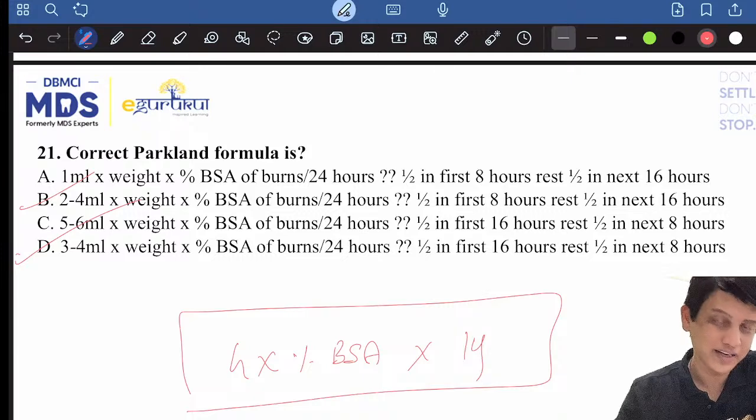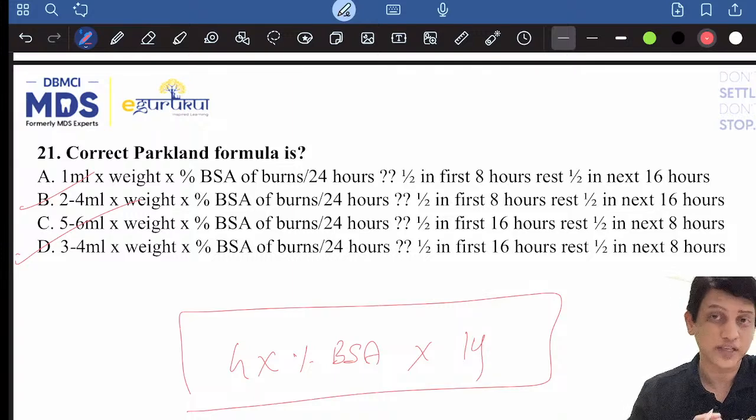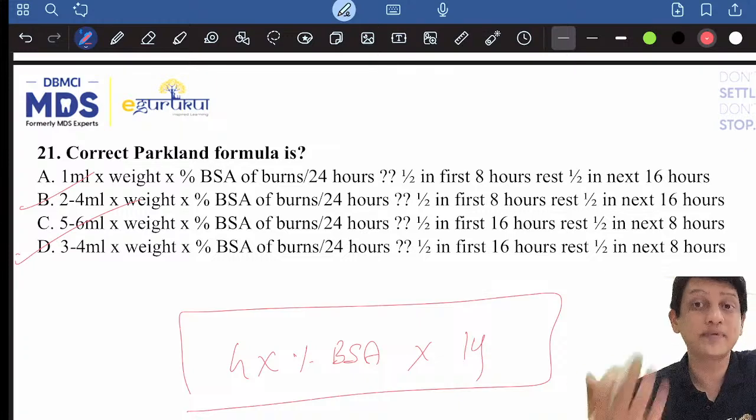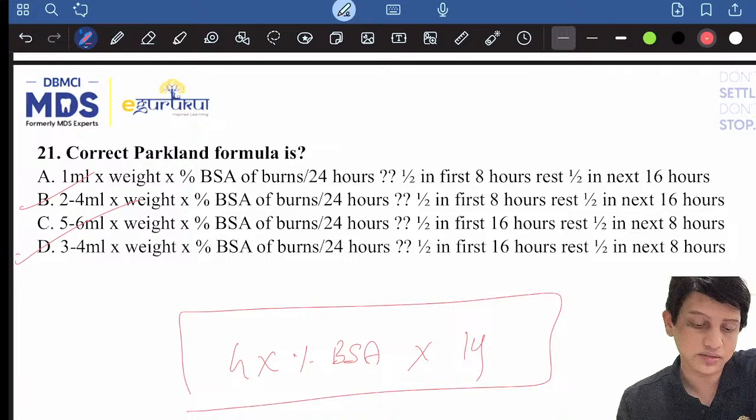But read the entire option. 2 to 4 ml into weight into percentage of body surface area for 24 hours, that's all okay. 3 to 4 ml into weight, all this is okay. But next, how to administer that? In option B, half is given in the first 8 hours and half in the next 16 hours. In option D, half is given in the first 16 hours.